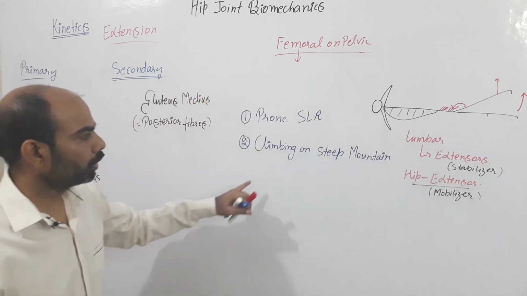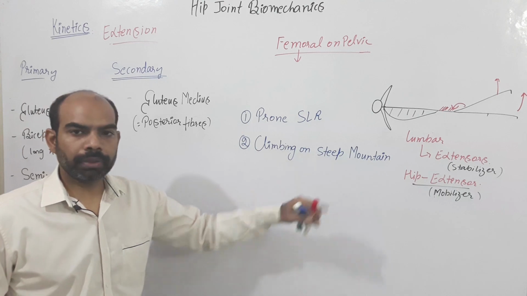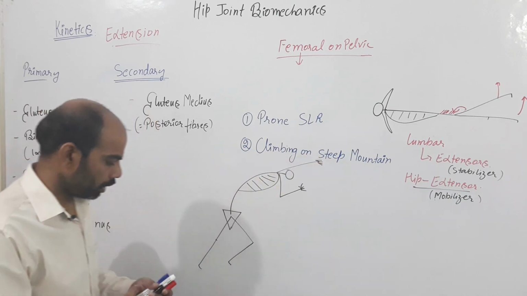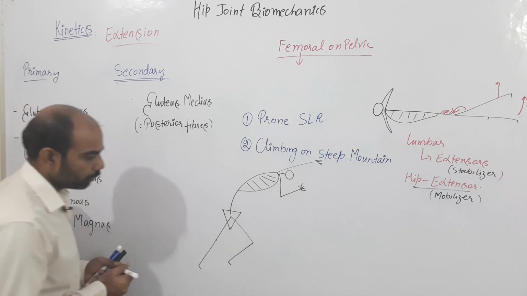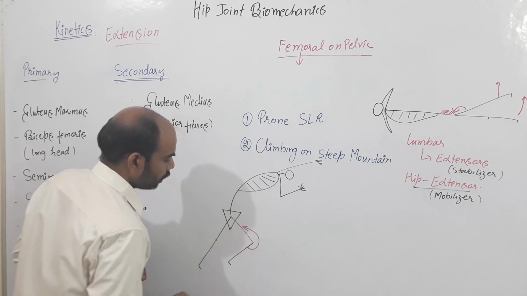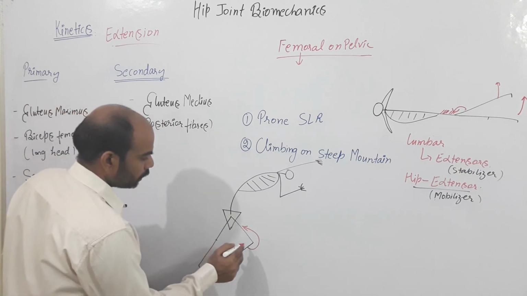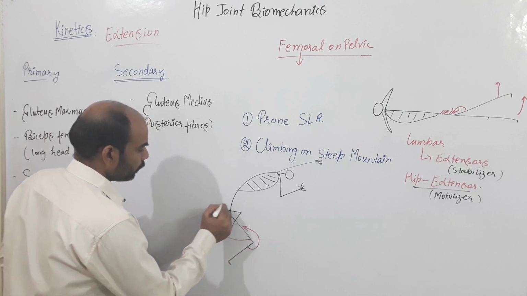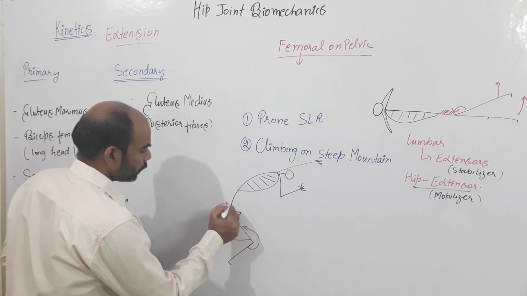Now, during climbing a steep mountain, the rectus femoris produces extension at the knee joint, and the hamstrings produce extension at the hip joint along with the gluteus maximus.